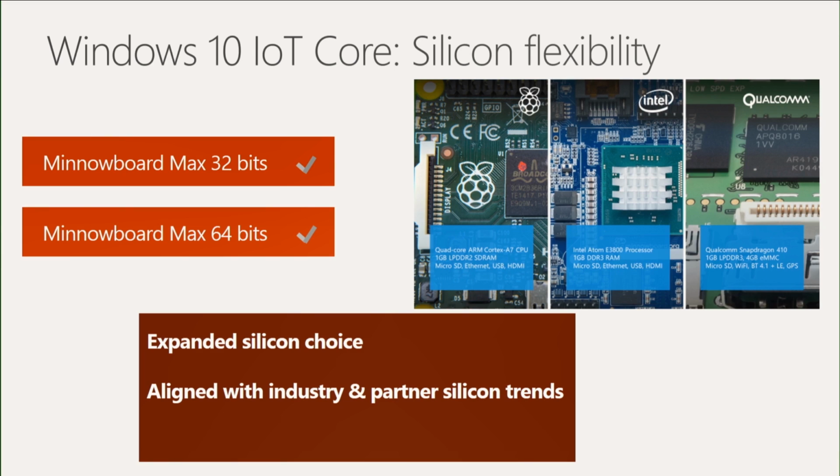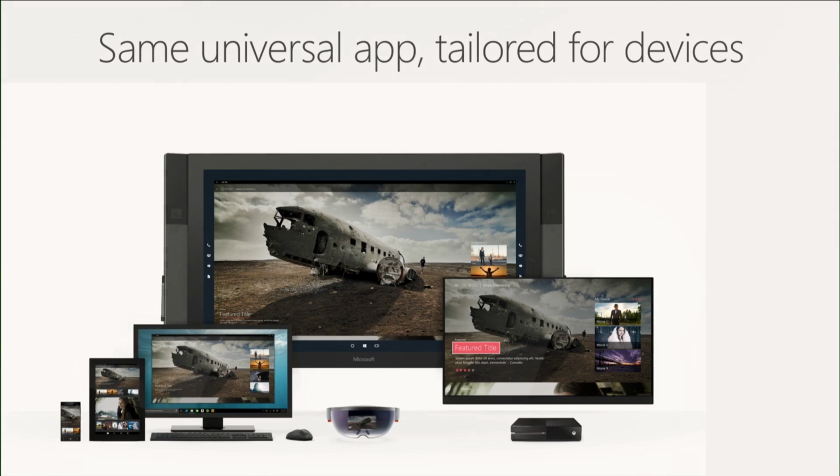MinnowBoard's a lovely device because it's cheap as chips, and it has a GPU in it. The Raspberry Pi is not quite so well equipped, but we now have a great choice of real low-end devices, and these run UWP apps as well. It's hard to imagine, but these little things, $50 and less, will run UWP apps. So really exciting at that end of the spectrum again.